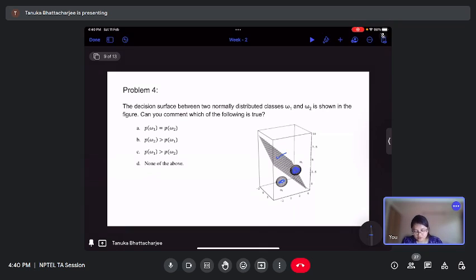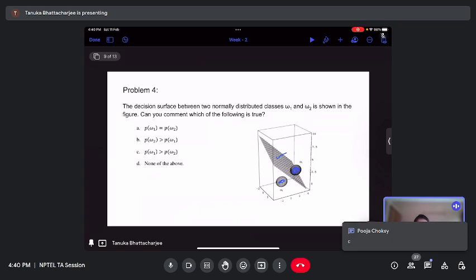Now, you have to say which of the following is true: whether the class prior probabilities of the two classes are equal, or one of them is higher, and if so which one, or you can't say anything by just looking at this information. So, what do you think will be the answer?